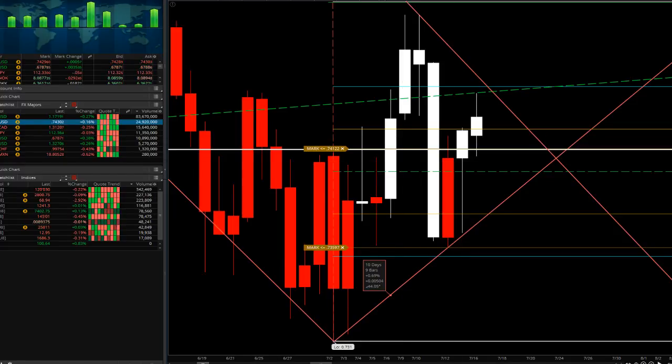As you can see, the dollar got a nice pop, and then it's selling off. Kind of choppy right now. All the other currencies are green, so they're getting stronger.